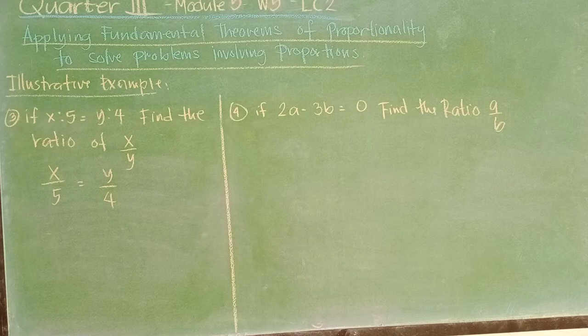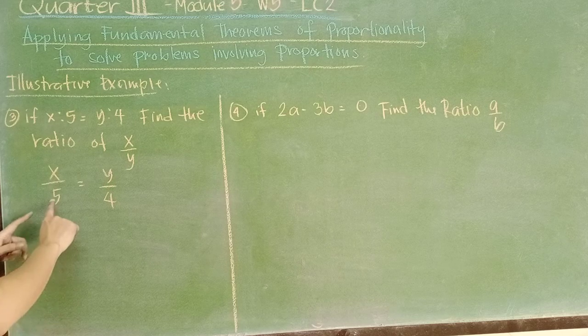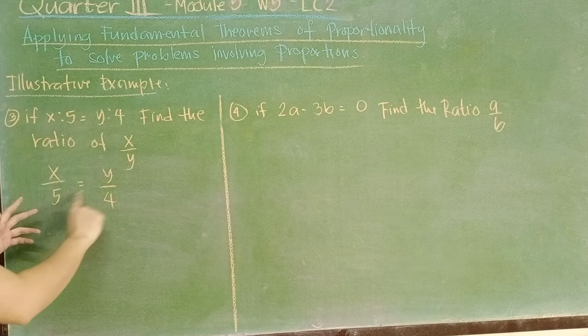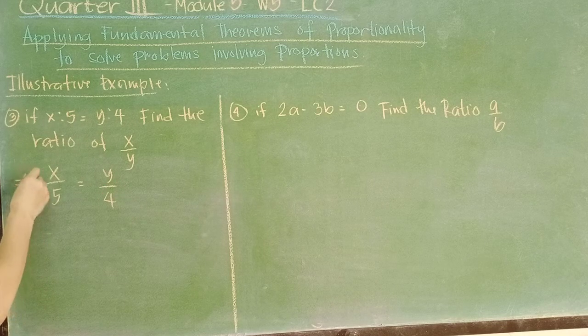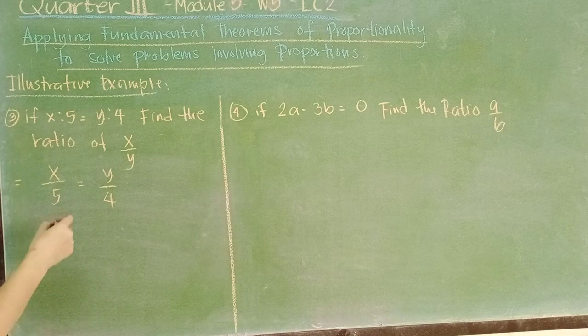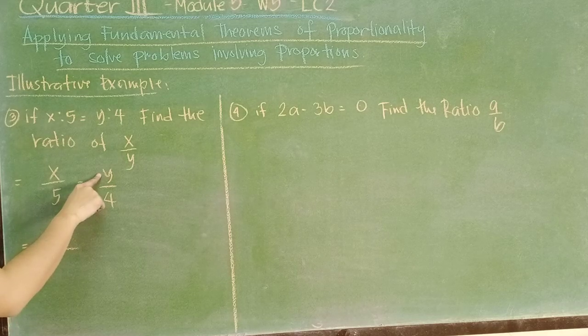Next. So, ang susunod na gagawin natin dyan is gagamitin natin yung property number 2, which is alternation. So, ang gagawin ko, yung 5 at saka y, pagpapalitin ko ng lugar, which is yung property number 2. So, x is equal to, yung y mapupunta dito sa position ng 5, yung 5 mapupunta sa position ng y.